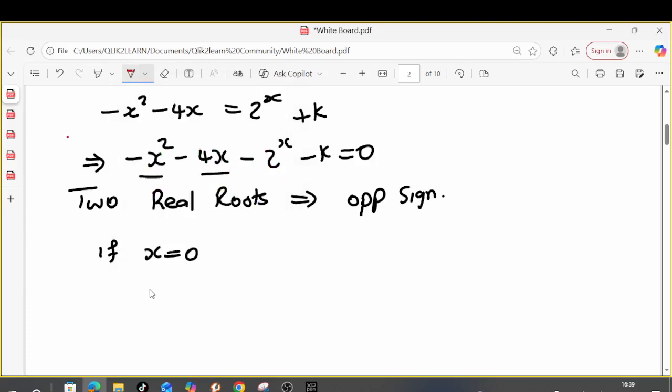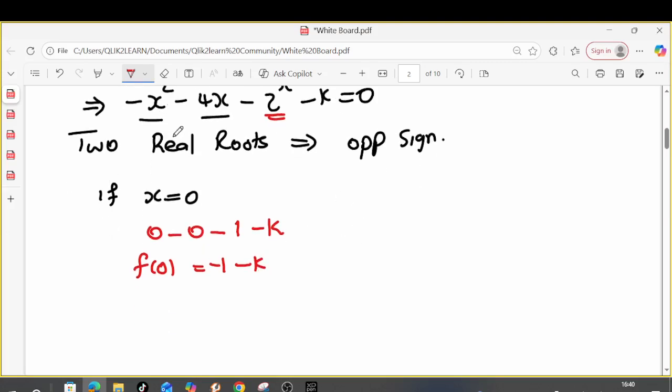If x is 0, we get 0 minus 0 minus, remember this is 2 to the power 0, so it's going to be minus 1 minus k. And this tells me that f at 0 is equal to 1 minus k.